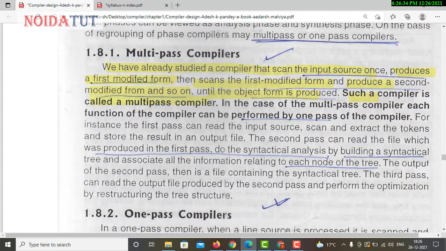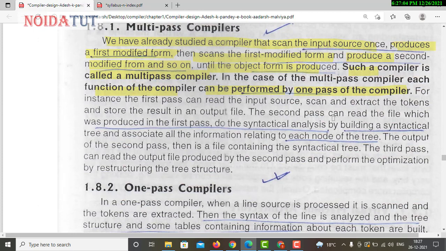That means when we have a set of code and we compile it, we get results. Then again we pass that set of results through the compiler and again get results. Then we continue this until the object is produced. So this is the case of the multi-pass compiler. Each function of the compiler can be performed by one pass of the compiler.